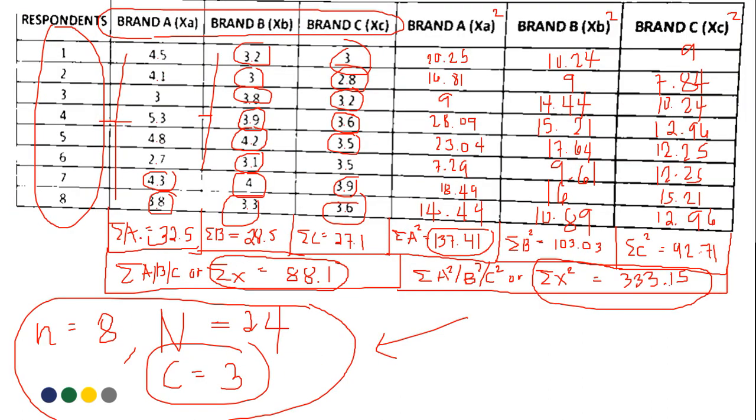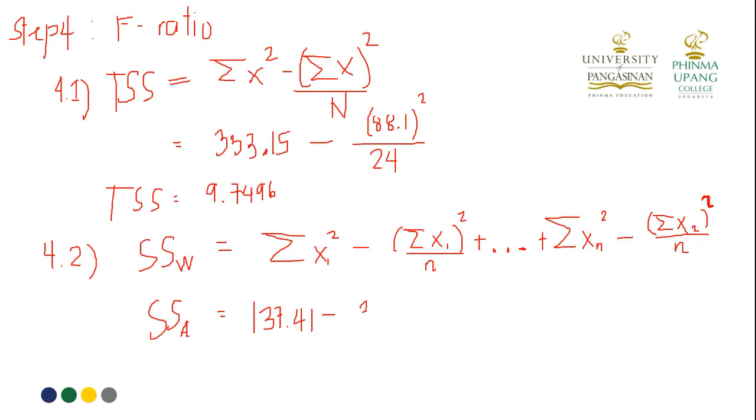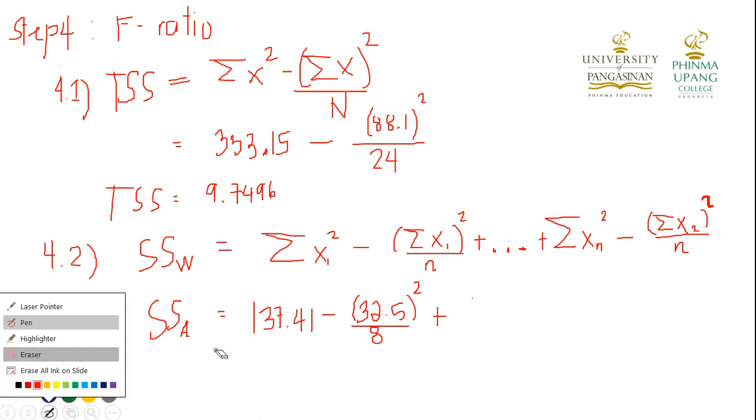Ito yung x sub 1 or yung A, kasi x sub A, pwede siyang maging x sub 1. So, 32.5 all over 8. Tapos, squared natin. Tapos, plus natin C, yung pangalawa. So, isa-isayin na lang natin.